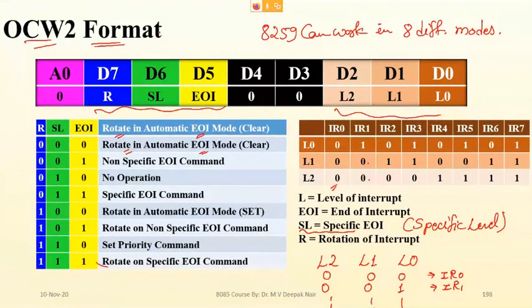Like whether IR0 is working in that mode, IR1 is working in that mode, or IR5 is working in that mode or not. So we can use OCW2 for 2 pieces of information. One is the mode in which the IC is working. There are 8 different modes. And second is the level, that means the interrupt which is working in that particular mode.